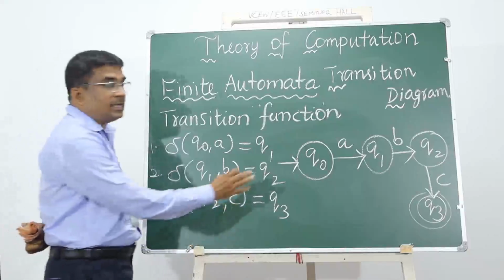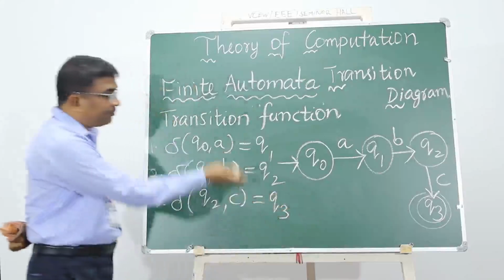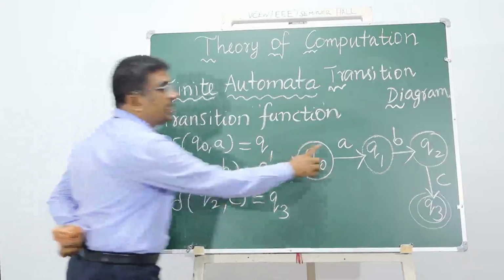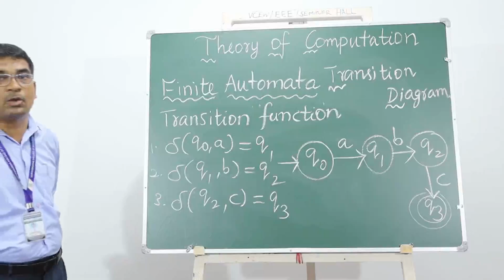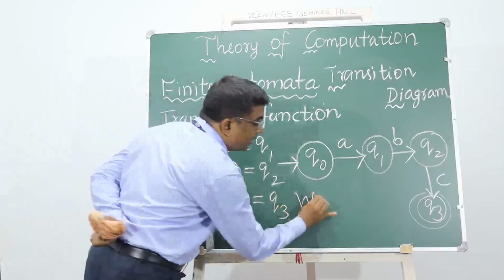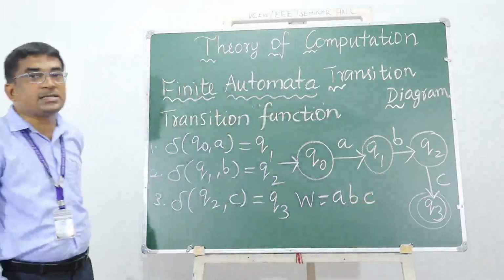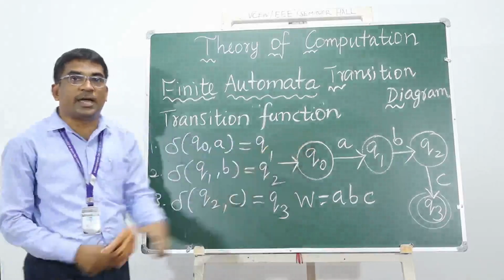Now this is the transition diagram constructed from the given transition functions. So abc is a recognized input string: w equal to abc is recognized by this finite automata transition diagram.